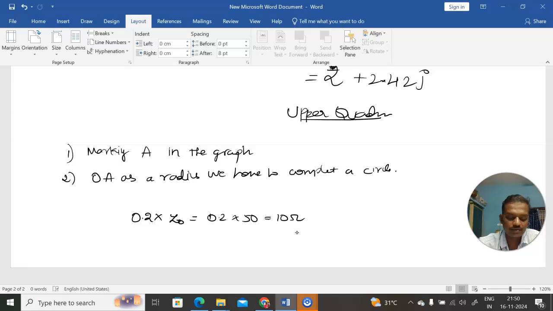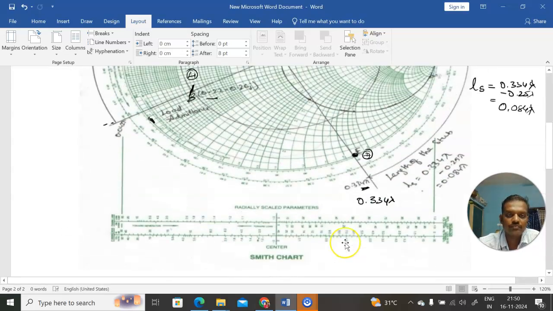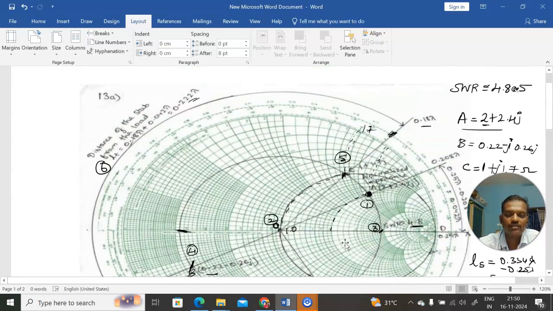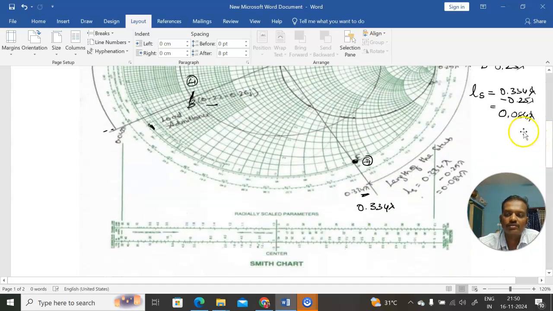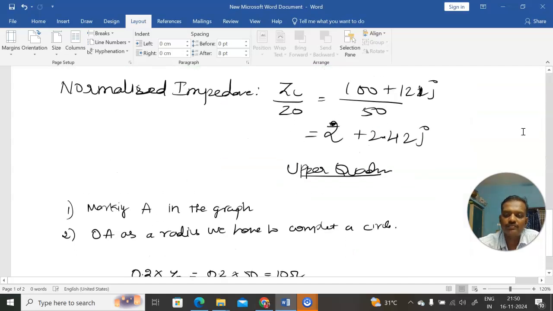So from the sum we have to find out, so in the given sum, see here, we have found out 0.084 lambda.